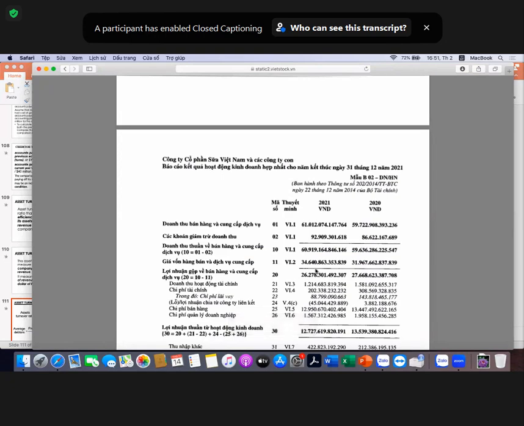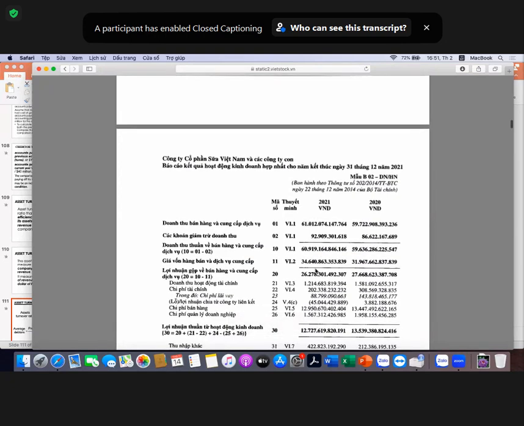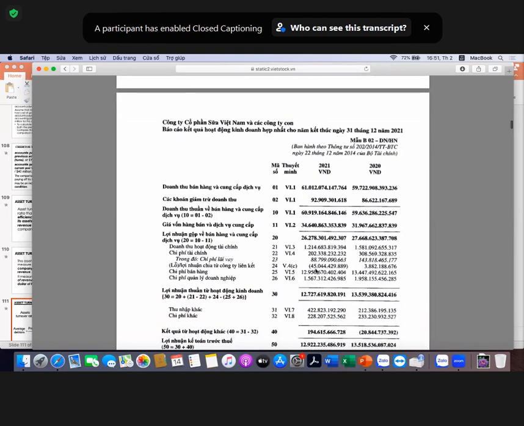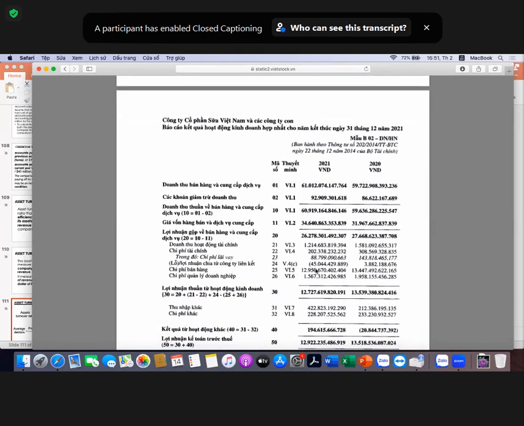So, revenue. What is the count number of revenue? Look at this. Now the whole class tell me what is the count number of revenue in this case.